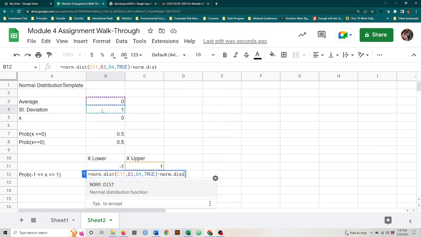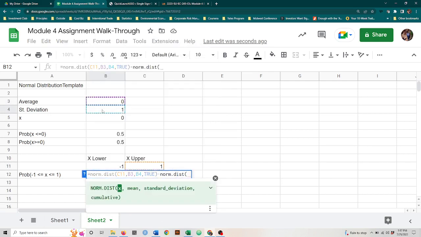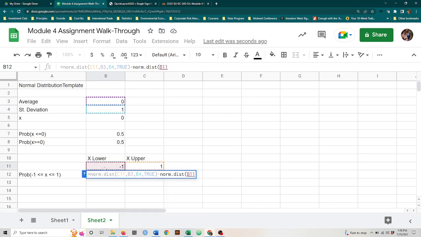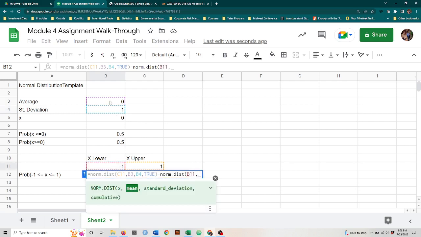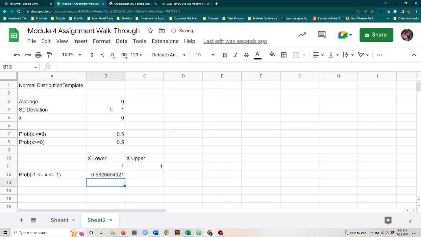What I really like about this one is that we're nesting these two distribution functions that we've got in here on the same one. So norm.dist, same thing. Now we're going to just use the lower value, mean, standard deviation, true.